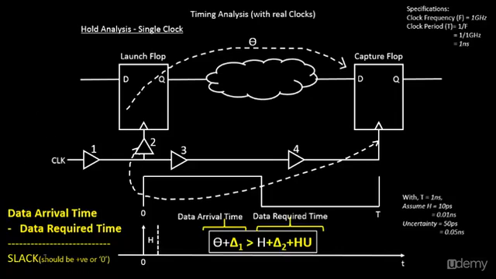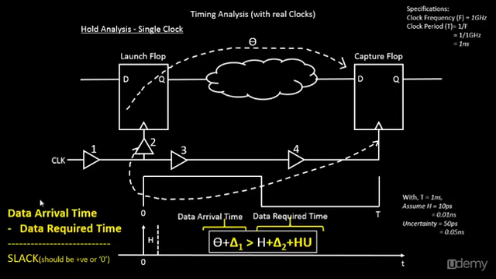So in this case, positive is always better. In order to maintain the definition of slack, we want the data arrival time to be greater than the data required time, and that is expected. If that happens, we get a positive slack, and hence we say that the slack should be positive or zero. Hence you see a reversal in the equation compared to the setup timing.